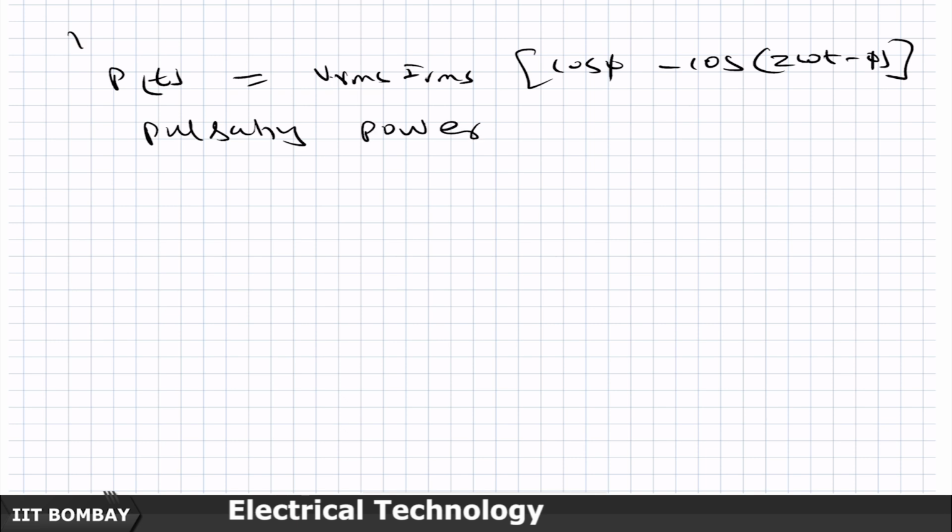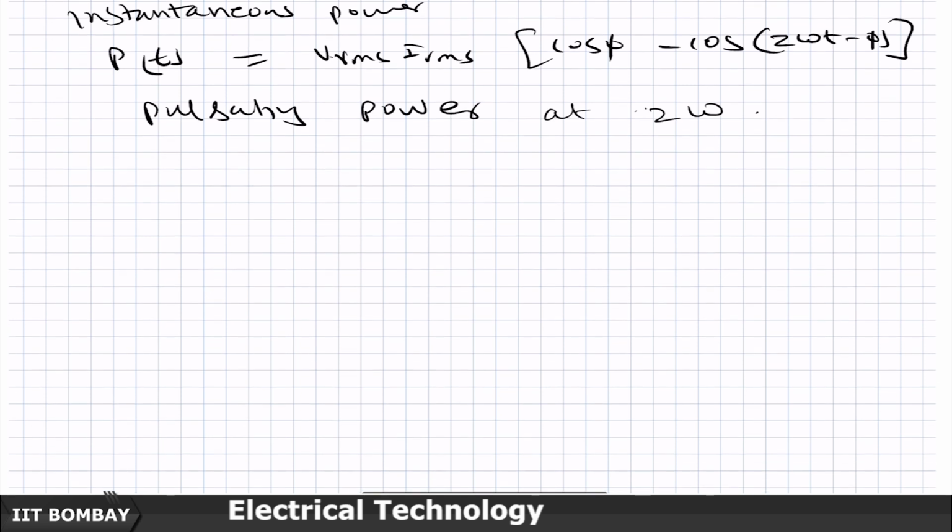This instantaneous power is a pulsating power at double frequency, at 2 omega, with an average of Vrms Irms cos phi.